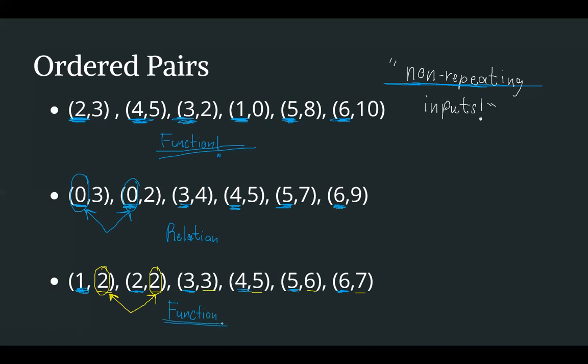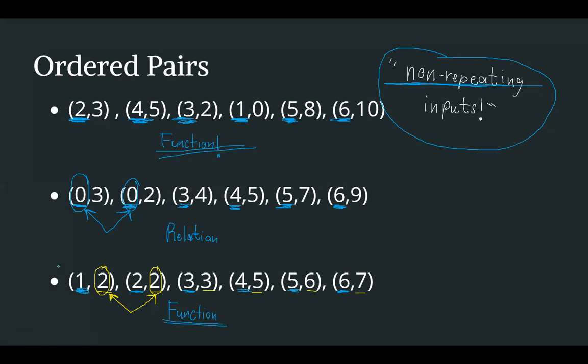That's it. So to sum it up, how would you know if you have a given set of ordered pairs and it is a function? Take the left side, which is the very important one. Make sure it has non-repeating values. That's it.